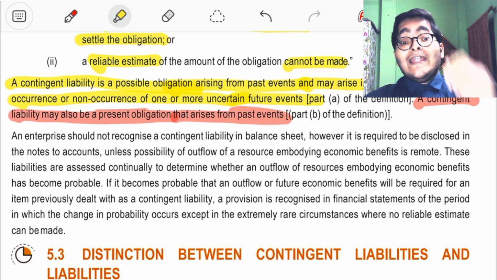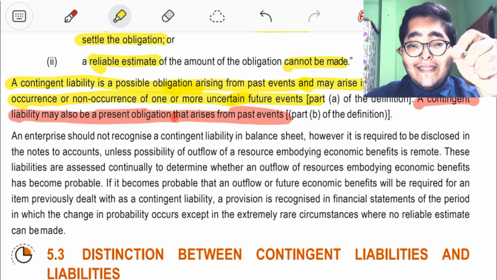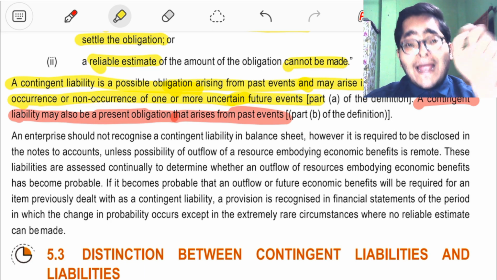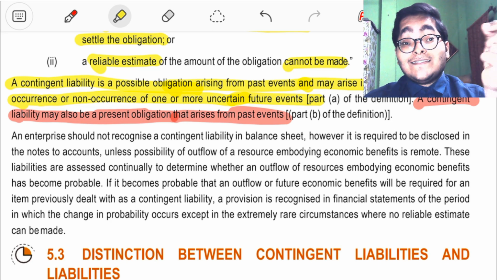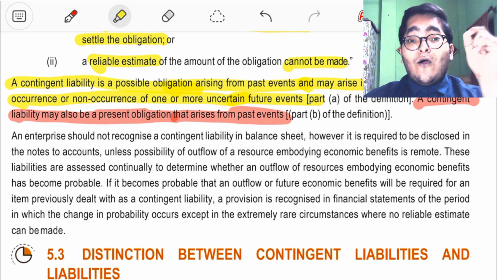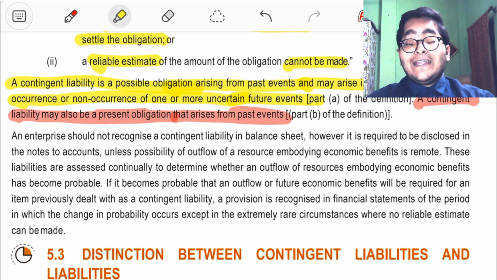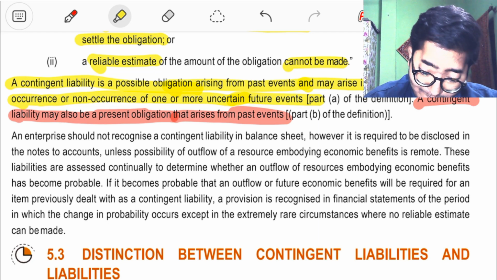Disclosing a contingent liability for an enterprise is mandatory, but not in the balance sheet. The enterprise should recognize or show the contingent liability in the notes to accounts of the financial statement of the enterprise.